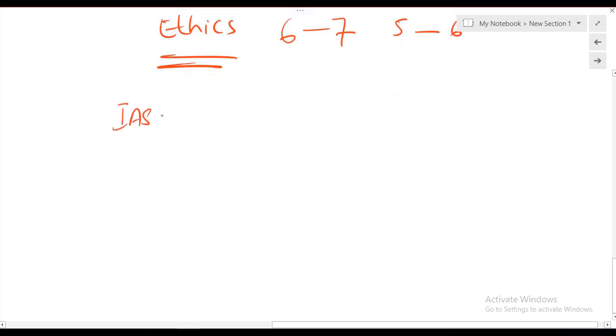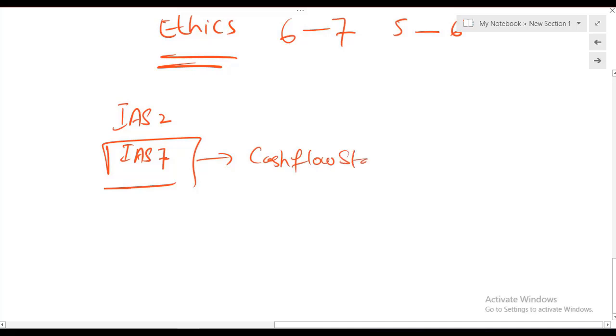We have almost, I would say, each and every IAS and IFRS which we have studied in F7. Like in the syllabus, we are having IAS 2, we have IAS 7. This IAS 7 will be covered when we'll be studying, inshallah, the cash flow statement. We do have IAS 8 in our syllabus.